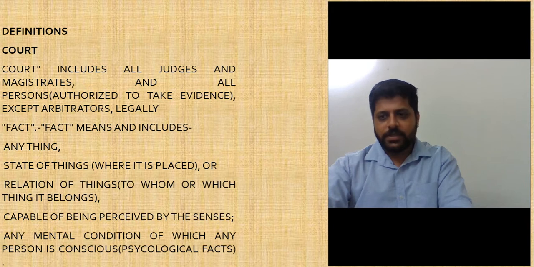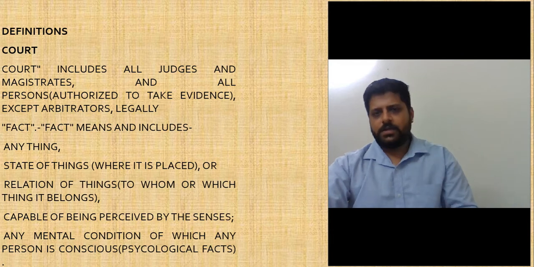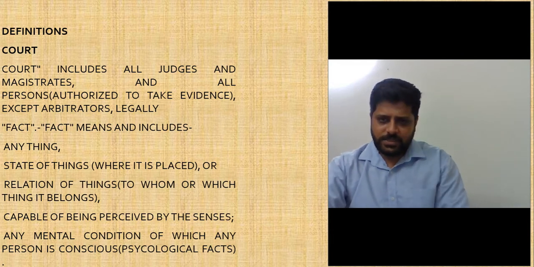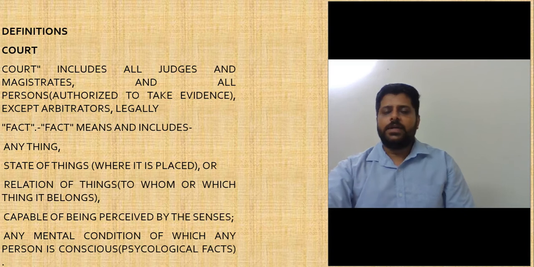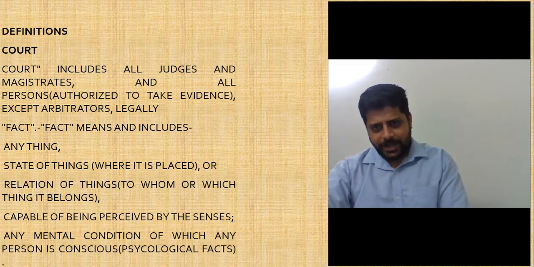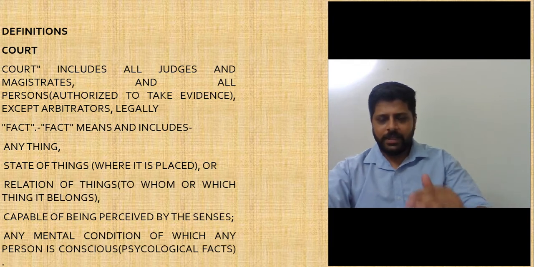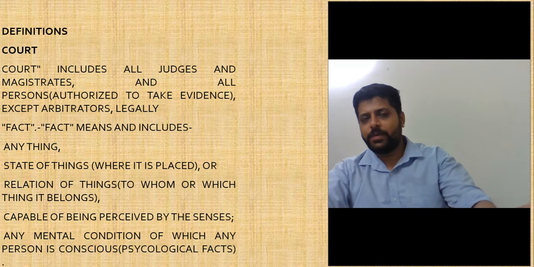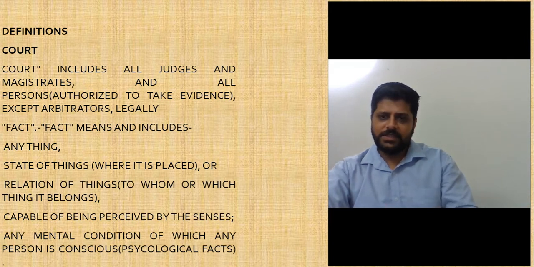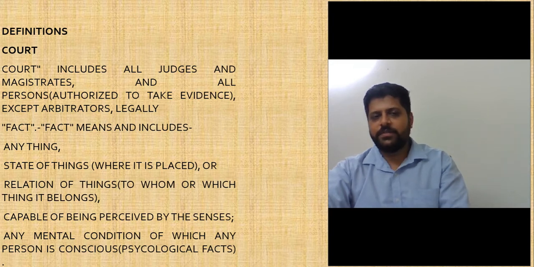If the court gives orders to a particular person, or in some small cases the sarpanch has power to hear the evidence, then the sarpanch can be included, if he is authorized by law to take the evidence. I hope you have got this definition.